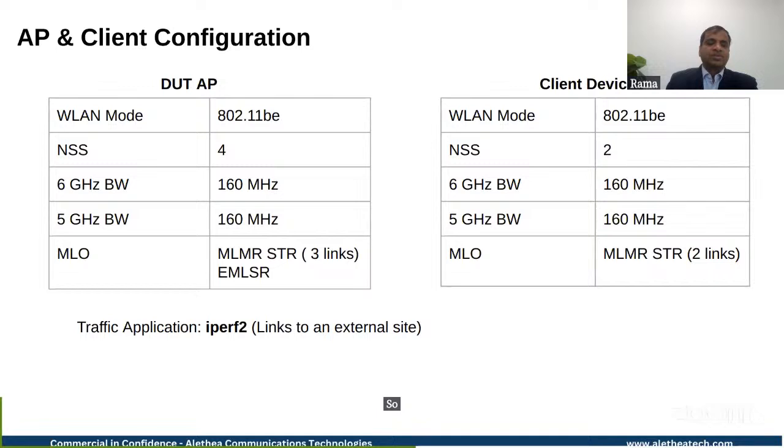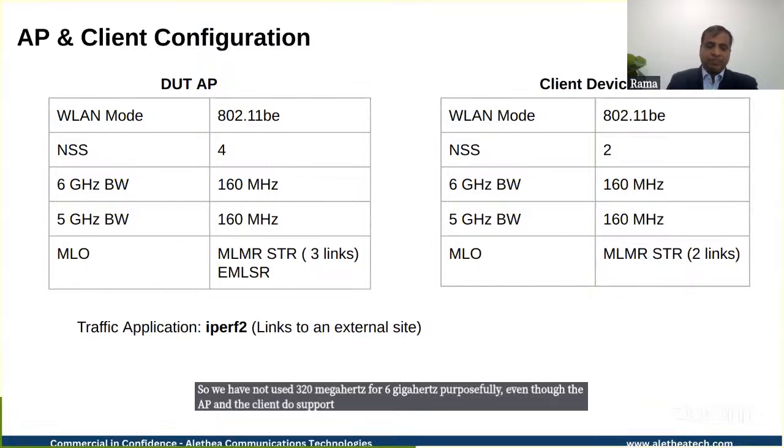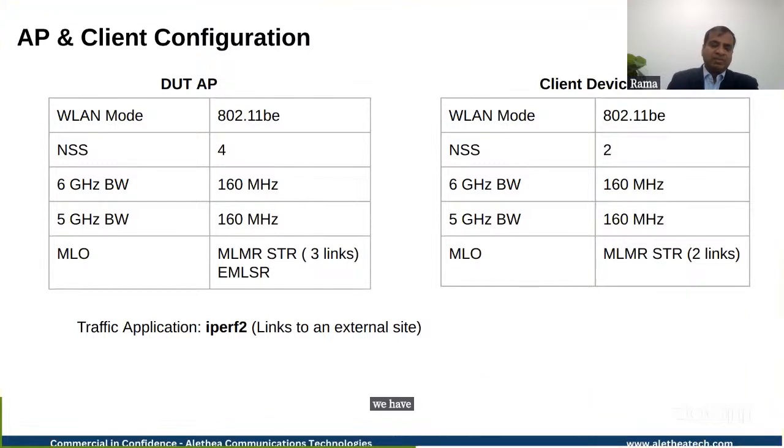We have not used 320 megahertz for 6 gigahertz purposefully, even though the AP and the client do support 320 megahertz. As I mentioned before, we used the iPerf 2 version, and I have the link to the external site at the end of my presentation in the references section, so you can refer to it if you want to use iPerf 2.